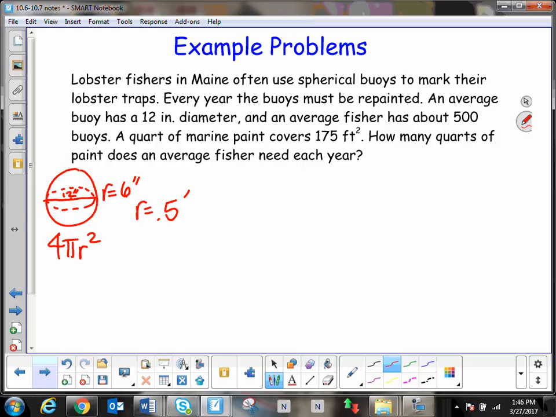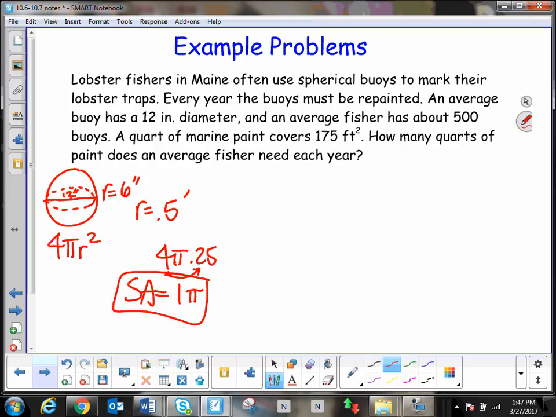So 4 pi times 0.5 squared, which is 0.25. 4 times 0.25 is 1 pi. So the surface area of one buoy is 1 pi. Let's leave it like that. I know you're probably going, oh, that's 3.14, but just leave it like that because it's more accurate.